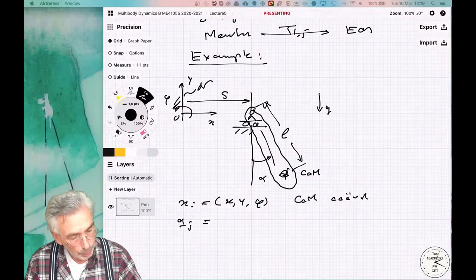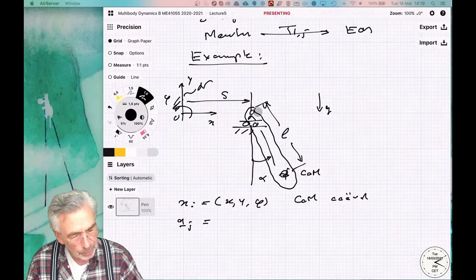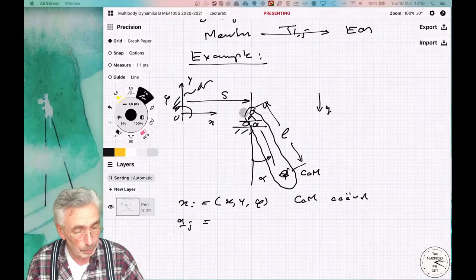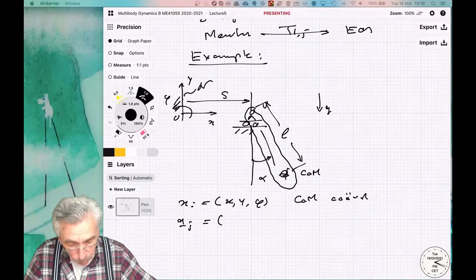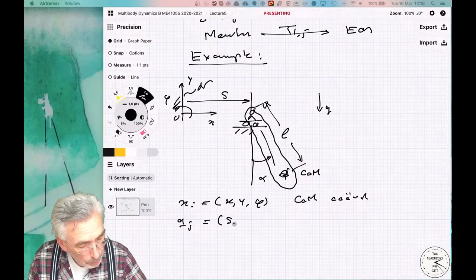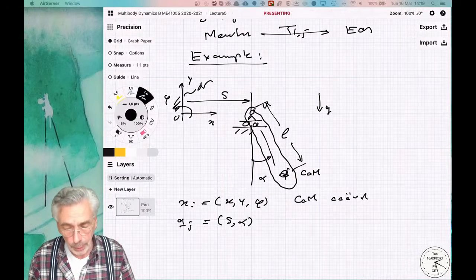We have 3 here, and there's one constraint, because this point, we haven't given it a name yet, can only move left and right, not up and down, meaning there's one constraint. So I end up with 2 degrees of freedom, and for now I choose to take this s and this alpha. So I have to express everything in this s and alpha.